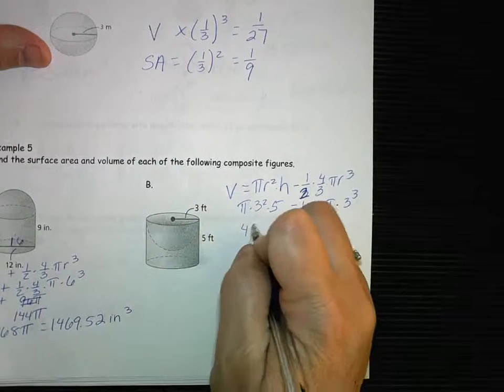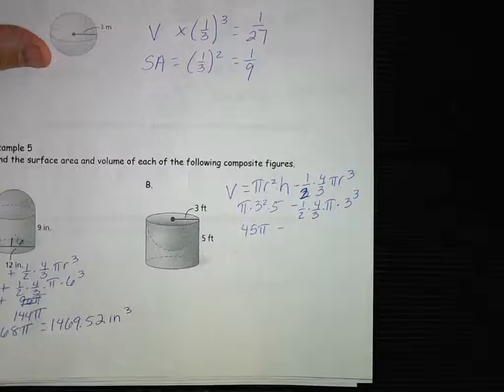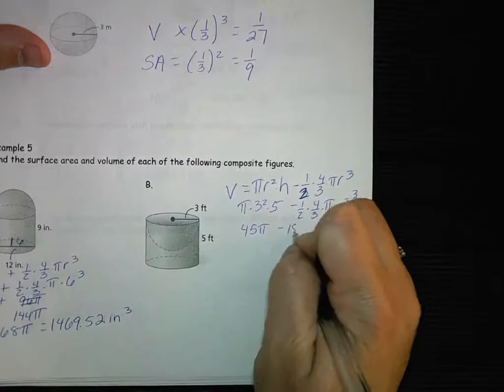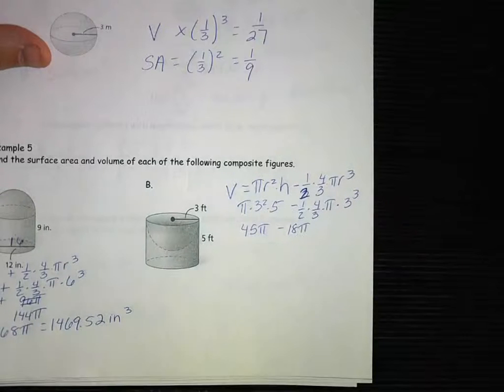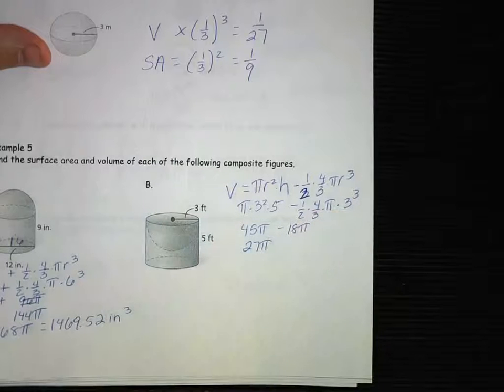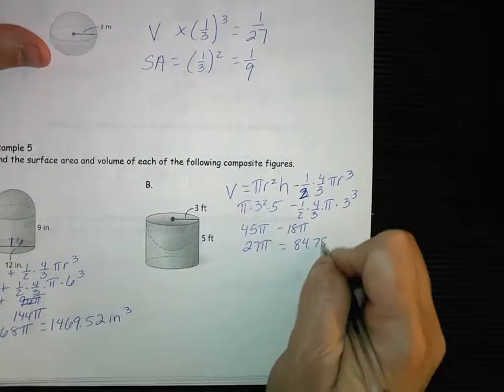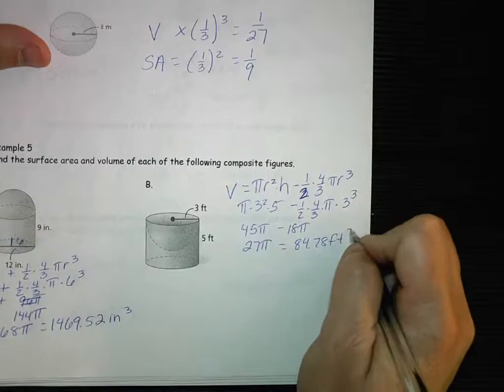So we have 45 pi subtract 18 pi. So I end up with 27 pi, and that becomes 84.78 cubic feet.